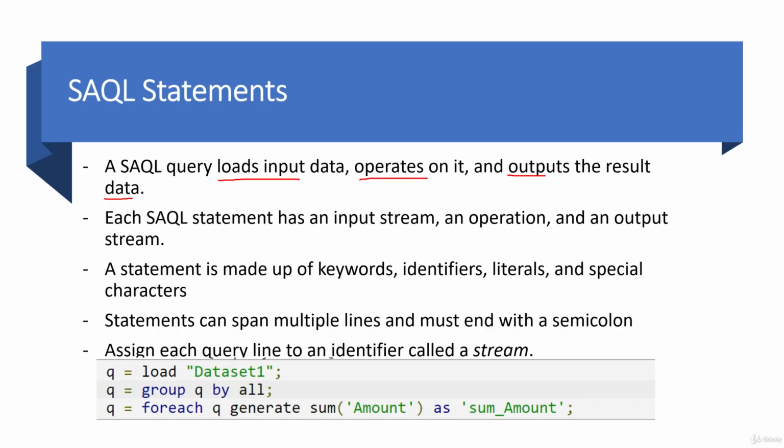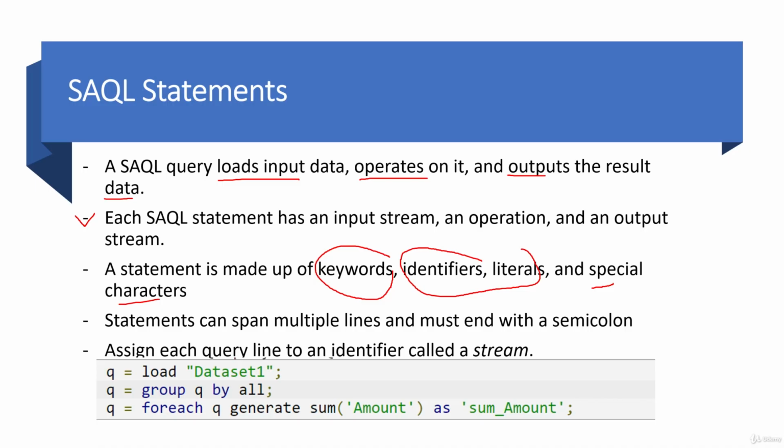Each SQL statement will have an input stream, operation, and output stream. And whenever you want to write a SQL statement, the most important thing is we have to understand what kind of keywords we have, what kind of identifiers or literals we can use, what the special characters are, and what kind of SQL functions we have. So that we need to understand.